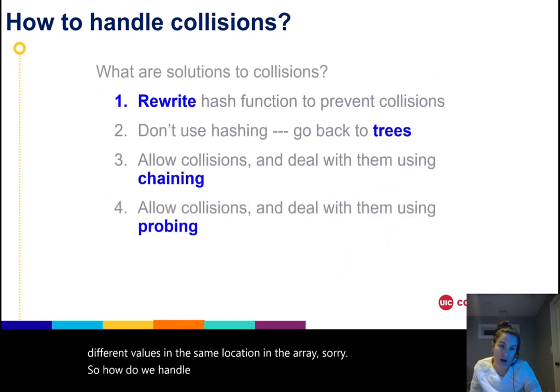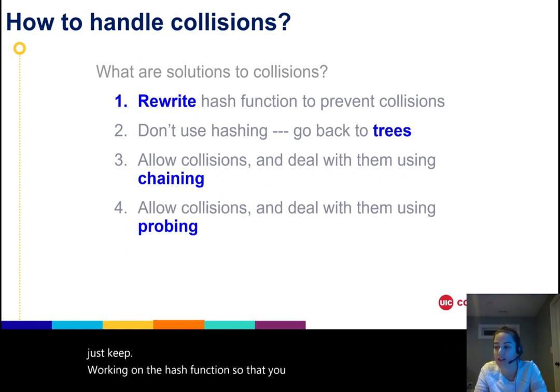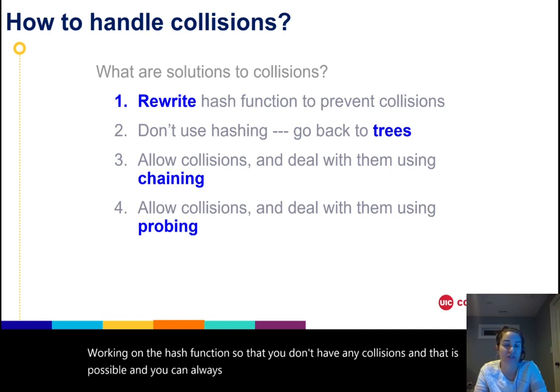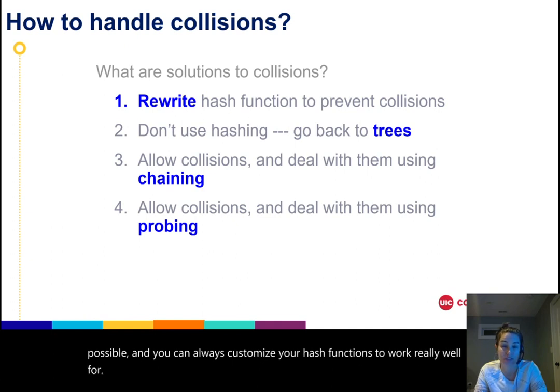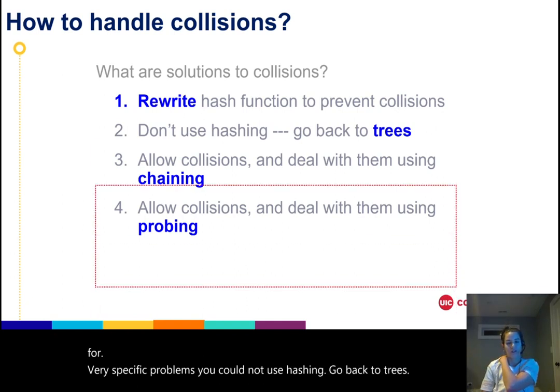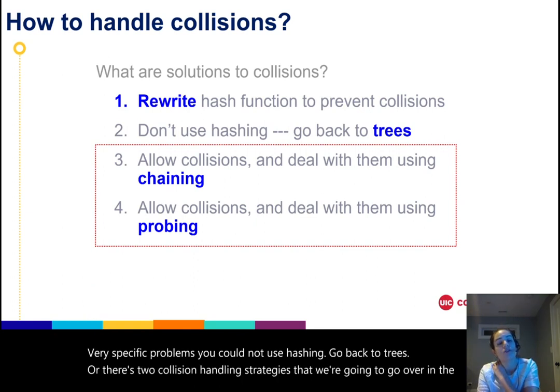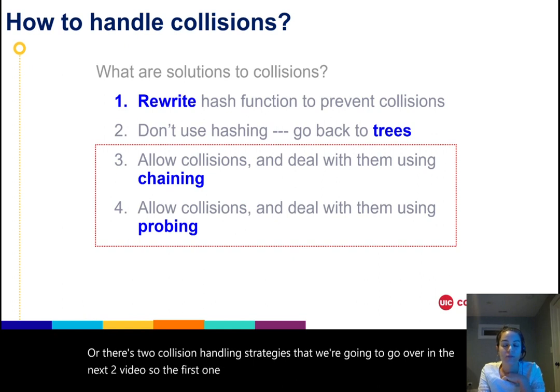So how do we handle collisions? Well, we have a couple of options. One is to just keep working on the hash function so that you don't have any collisions, and that is possible. You can always customize your hash functions to work really well for very specific problems. You could not use hashing and go back to trees. Or there are 2 collision handling strategies that we're going to go over in the next 2 videos. The first one is called chaining.